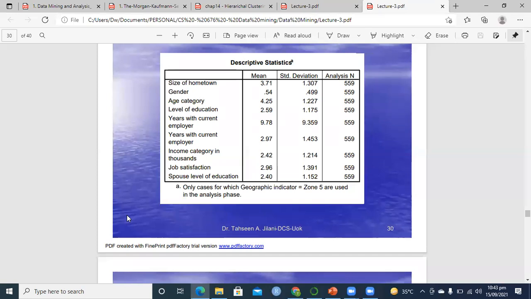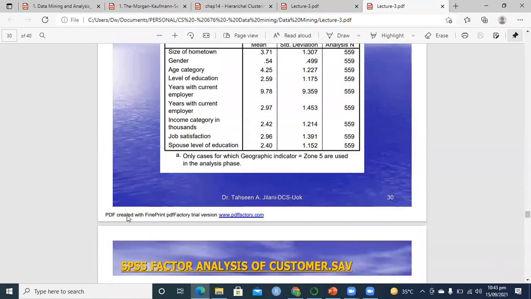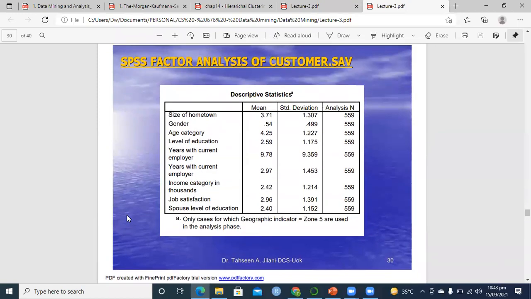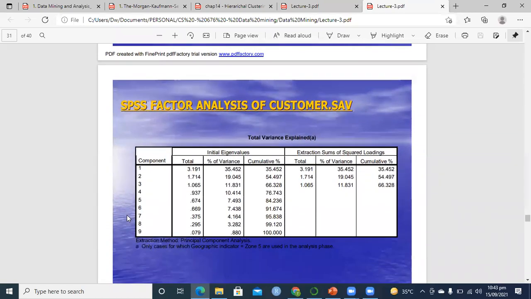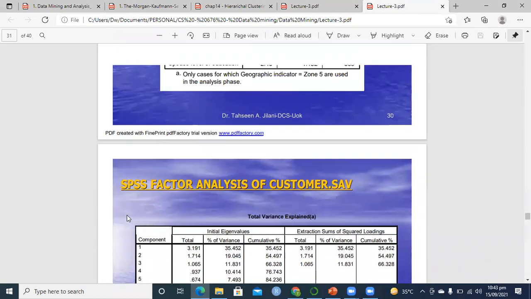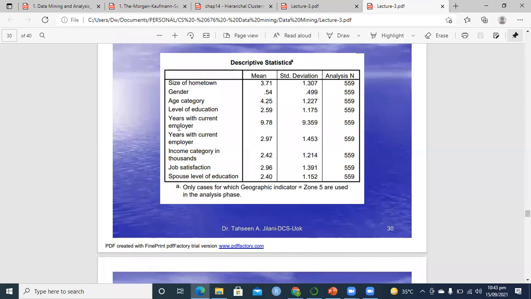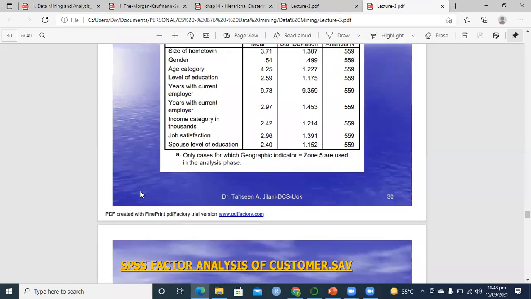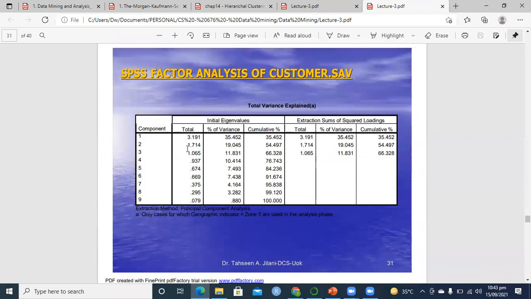For example, this is a data set with size of hometown, gender, age, level of education, etc. We have the mean, standard deviation, and the number of observations, 559. We do principal component analysis because how many variables are here? 1, 2, 3, 4, 5, 6, 7, 8, 9. Out of 9 variables, the first, second, and third eigenvalues are more than 1.